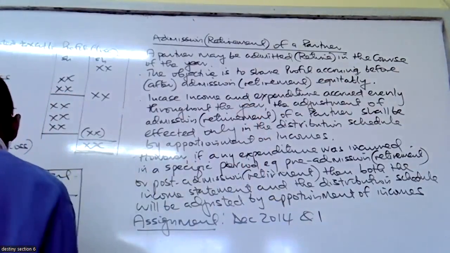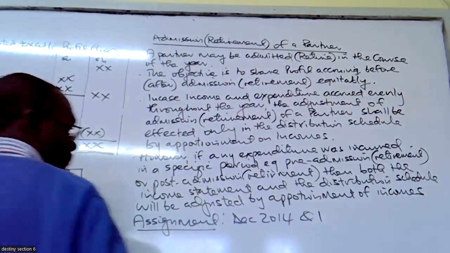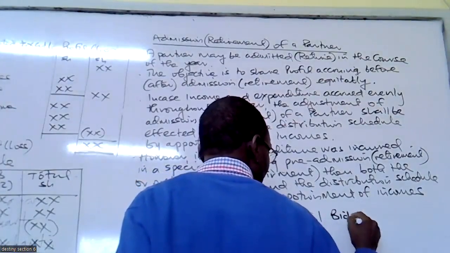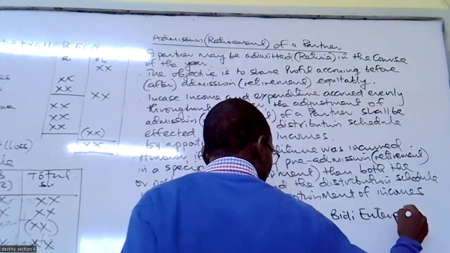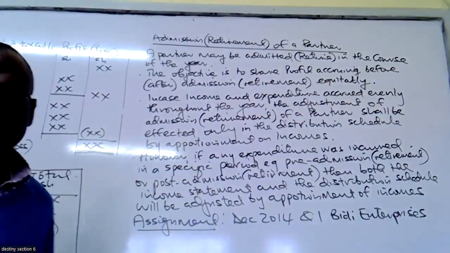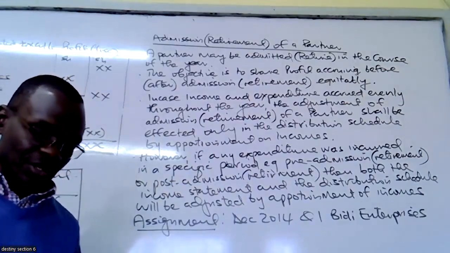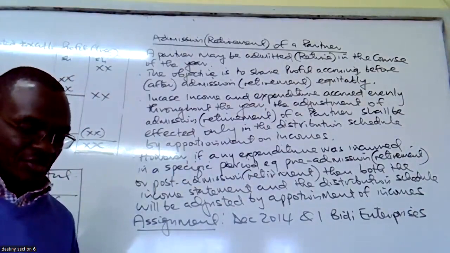December 2014, question 1 is called BP Enterprises. That question will illustrate admission of a partner. So you try that illustration.